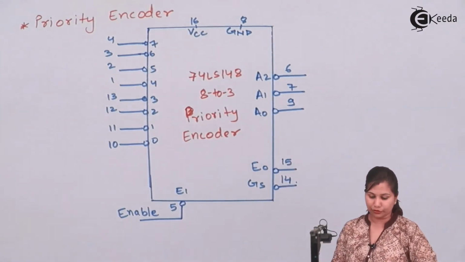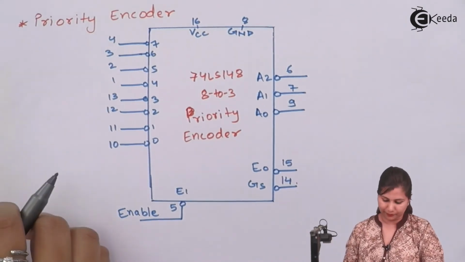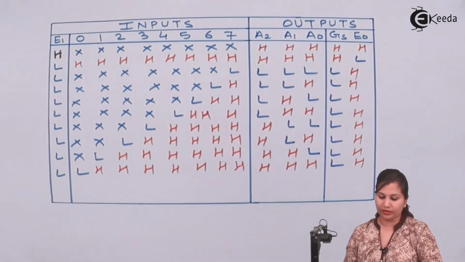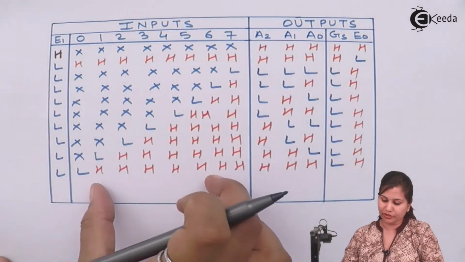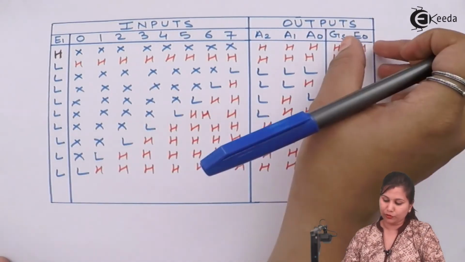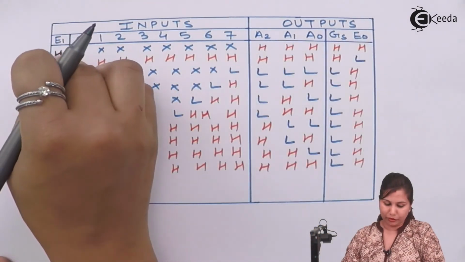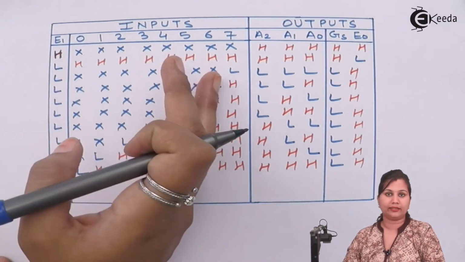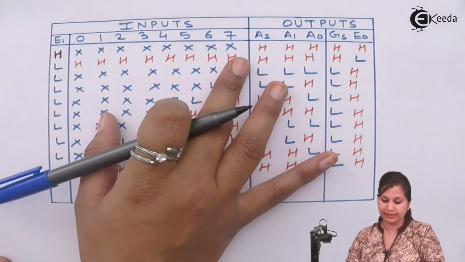Now let's see the truth table, to see how the priority is decided. We have sections for input and output: the 8 inputs, 3 outputs, and also GS and E0. The enable line is active low, so only when it is low will the encoder work; otherwise it goes into the high impedance state.